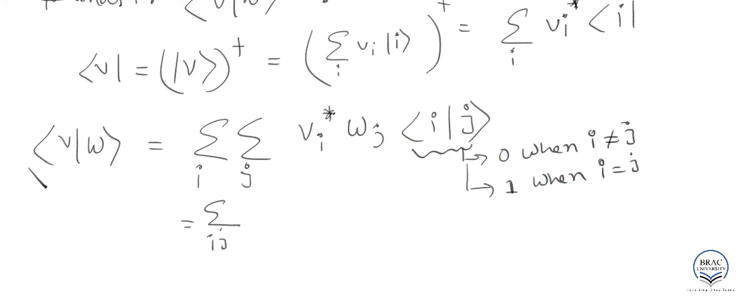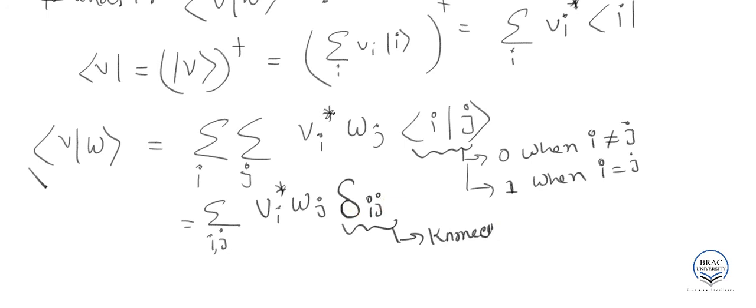So now I want to write these i and j's under a single summation notation. Then I write vi star wj, and this is the new thing that we are introducing. This is called a Kronecker delta. And this Kronecker delta has the property that whenever these two indices are the same, this is 1, and whenever these two indices are different, it is 0.